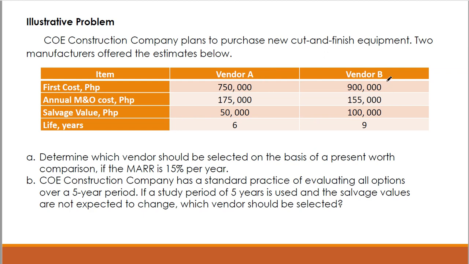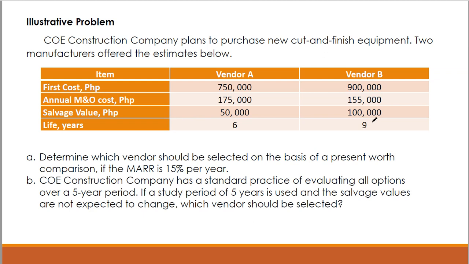Vendor B is quite more expensive than vendor A. Annual maintenance and operations cost is 175,000 for A, and cheaper for B. Salvage value is 50,000 for vendor A, and 100,000 for vendor B. The life of vendor A is 6 years and vendor B is 9 years.